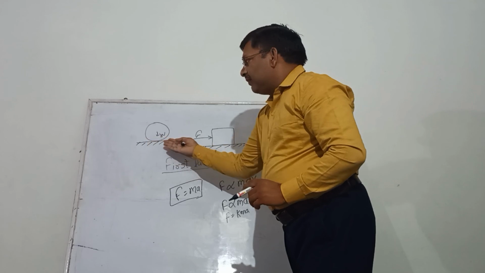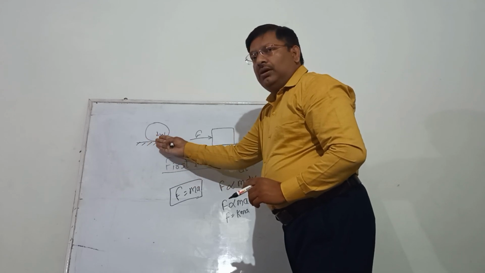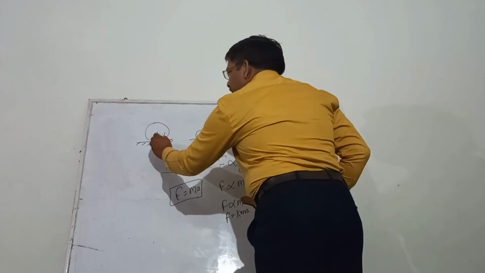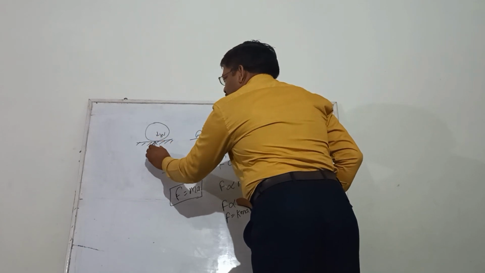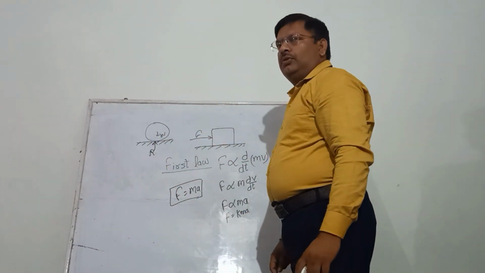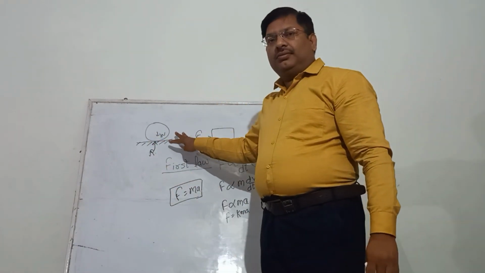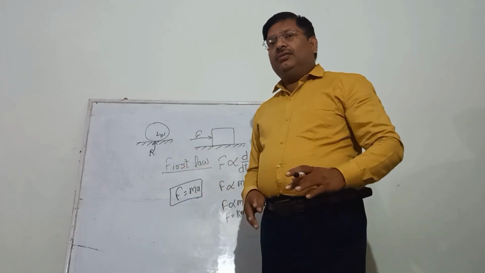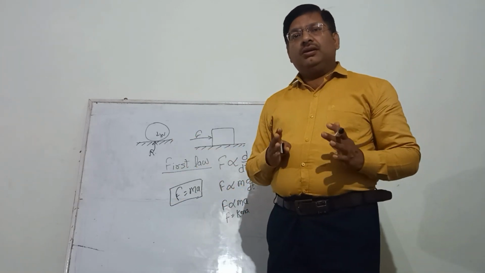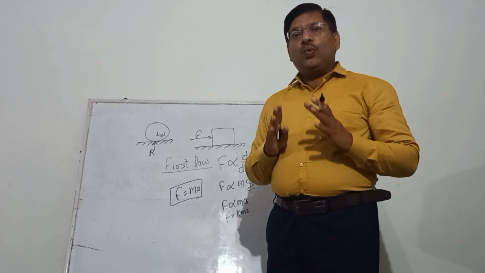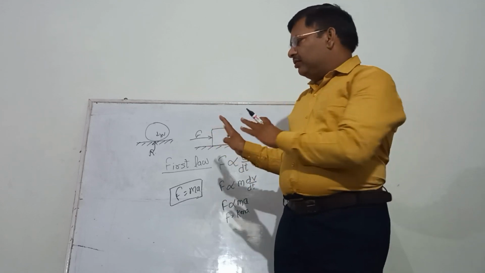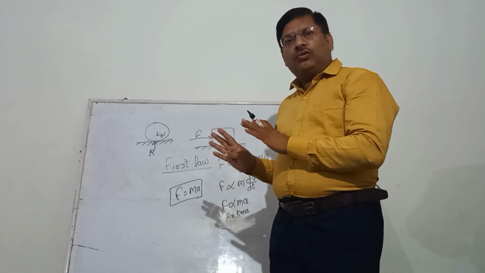So this surface will also exert an upward force on this body, which is known as reaction R. So this is the third law of motion, that is, to each and every action there is always an equal and opposite reaction. This is all about the three laws of motion.